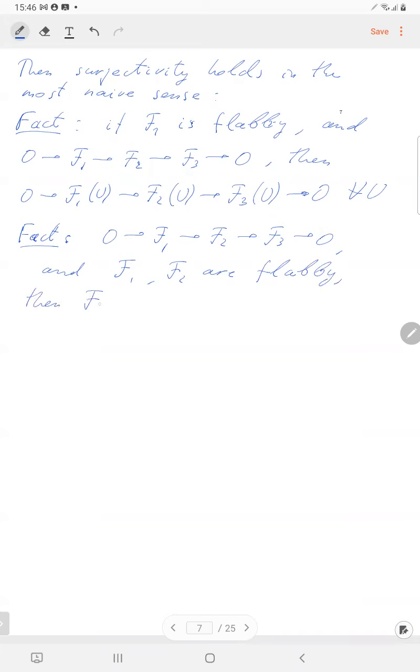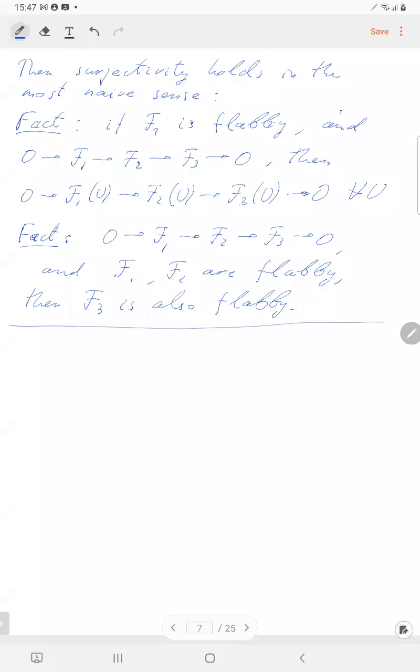Then F3 is also flabby. Okay, so this is a nice exercise. Well, it's done in Kempf, as far as I remember, but you may do it yourself. It's a nice exercise.